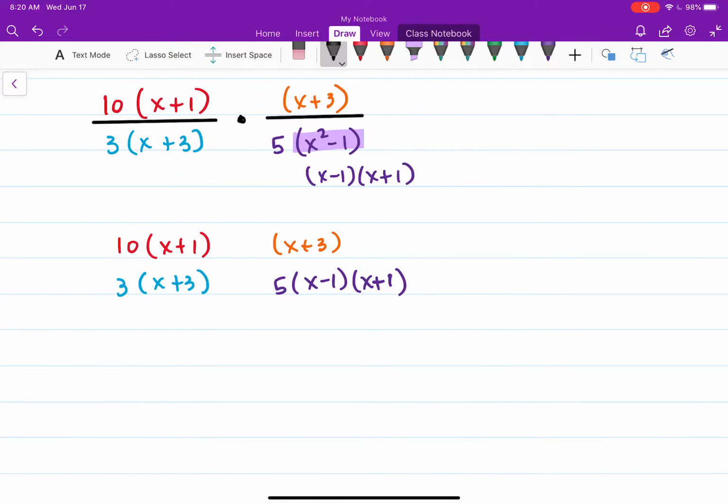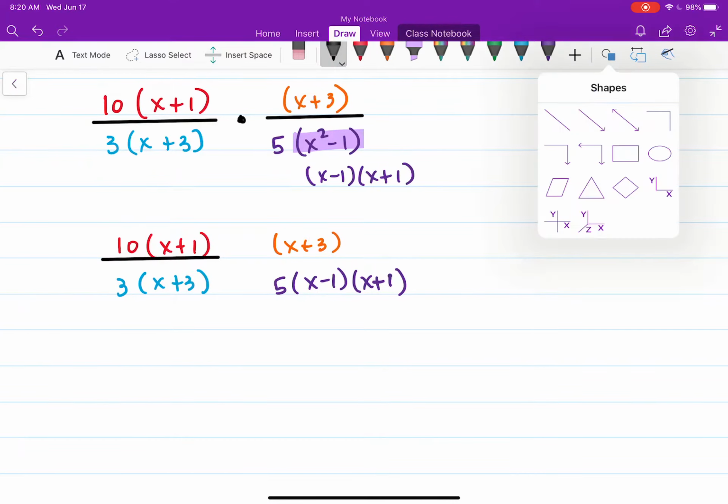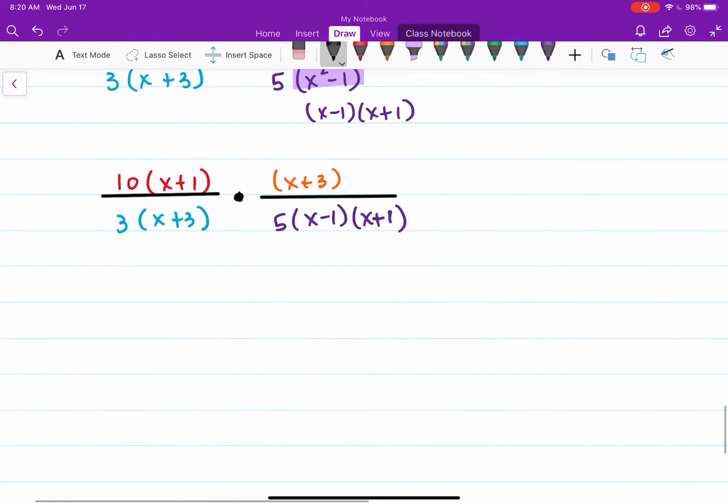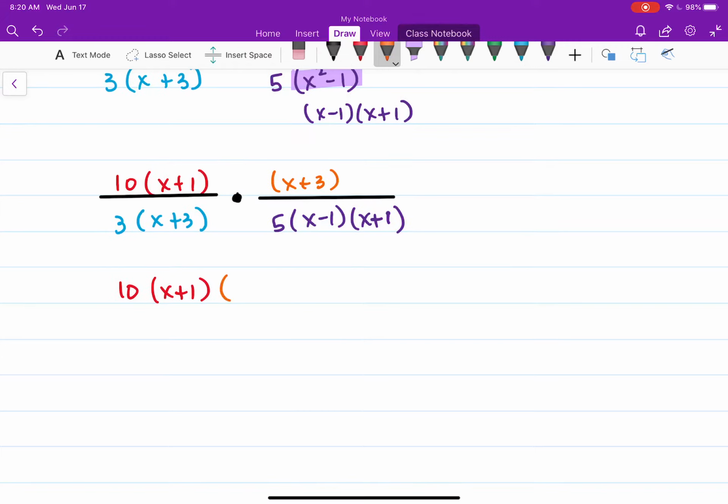Now I'll go back to this and put my lines in. There we go. Okay? So since I'm multiplying, it's top times top, bottom times bottom. So I have 10 times x plus 1 times x plus 3, all over, whoa, that does not look that way. There we go. Is that better?